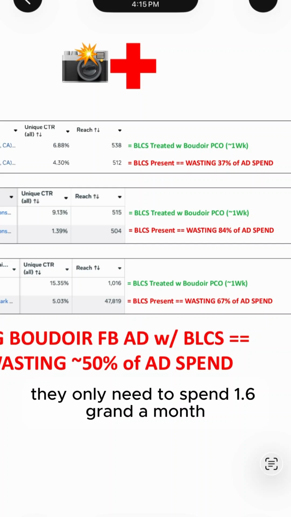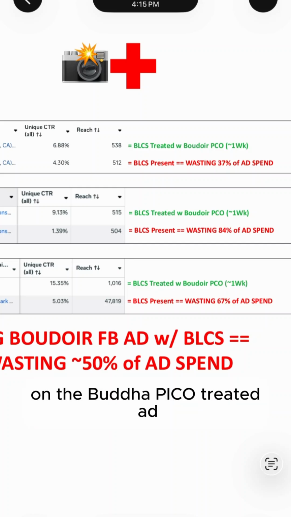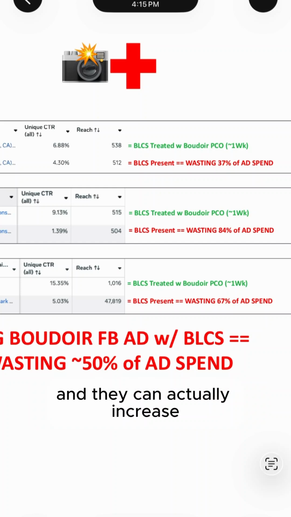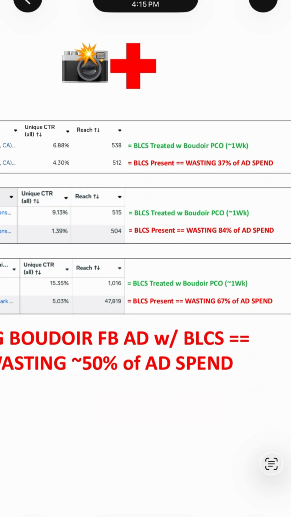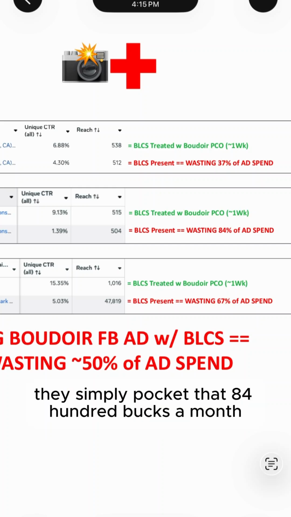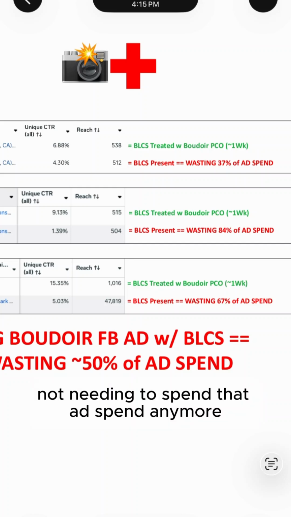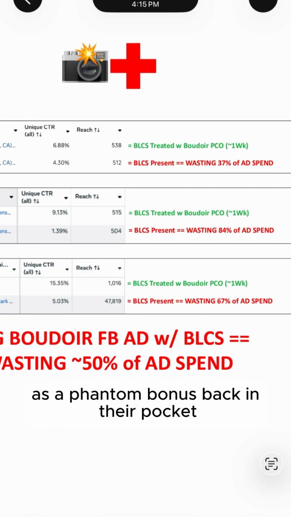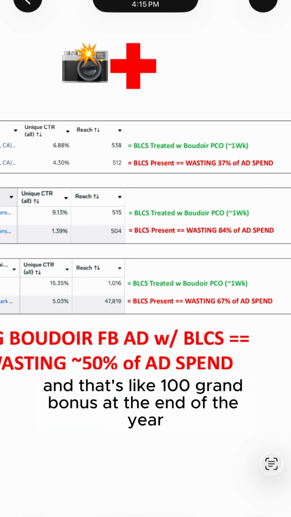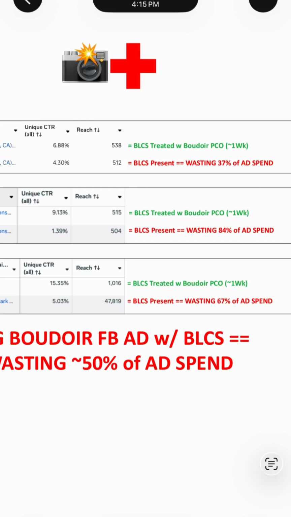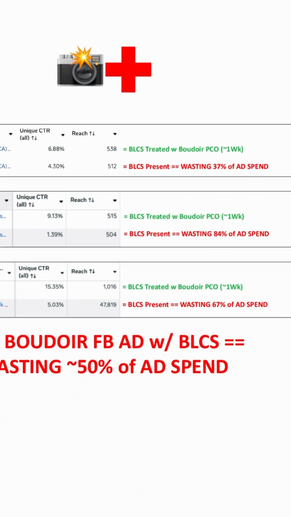Now they only need to spend 1.6 grand a month on the Boudoir Pico treated ad, and they get their ad into the same number of women's brains in both scenarios. They simply pocket that $8,400 a month, not needing to spend that ad spend anymore, a phantom bonus back in their pocket, no extra work required. That's like a 100 grand bonus at the end of the year by simply getting their ad treated with Boudoir Pico.